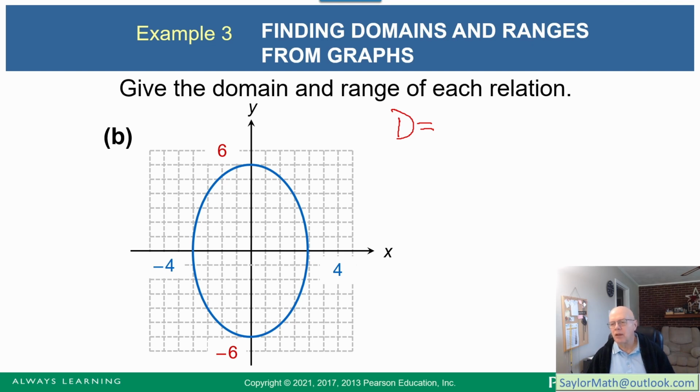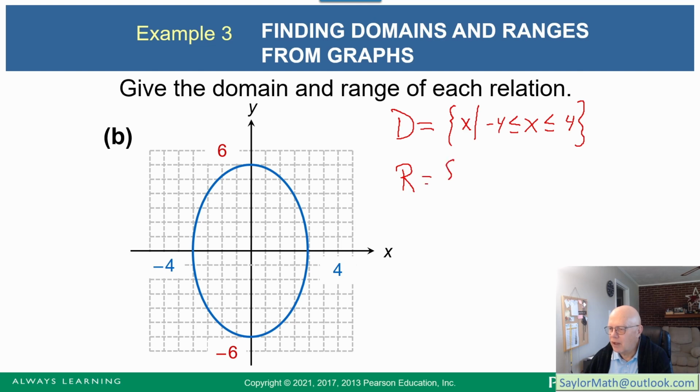So if you think of scanning with your eyes from left to right, what's the first x that's actually used? A -4. What's the last x that's used? A +4. So the domain is going to be the set of all x such that x is greater than or equal to -4 and less than or equal to +4. There's your domain.